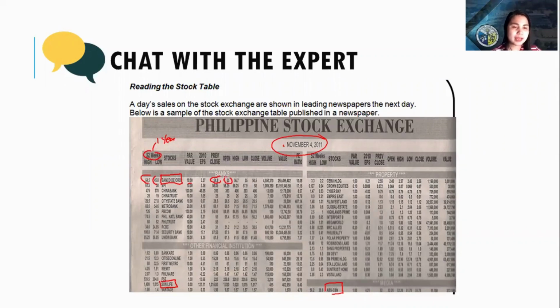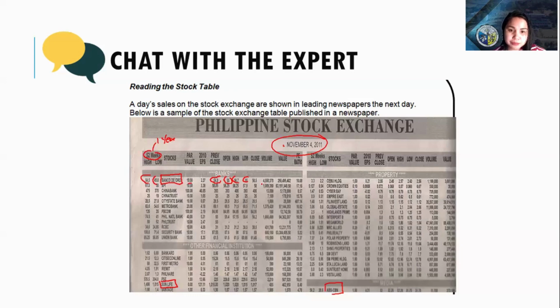Mind you, in the stock market, stock prices might go up or down. The highest is 56.7 and the lowest is 55. So if you are buying, you want the lowest price. If you are selling your stocks, you want the highest price.